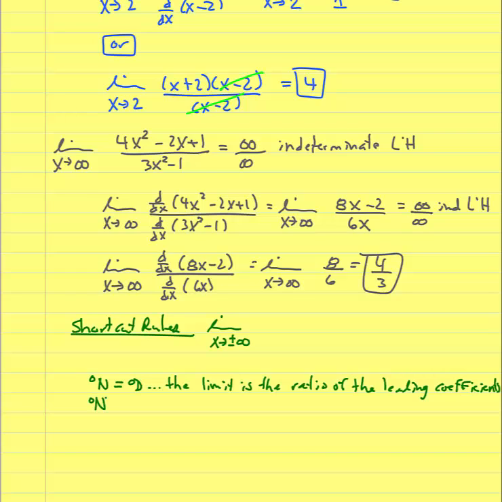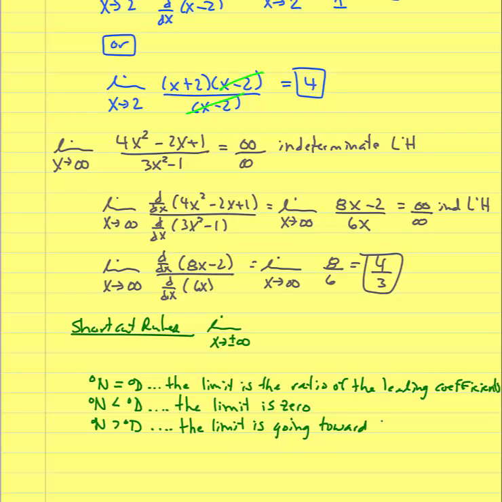What if the degree in the numerator is less than the degree in the denominator? If the degree in the numerator was less than the degree in the denominator, the limit is 0. And we went through and did quite a few of these problems and established these earlier on. And what if the degree in the numerator is greater than the degree in the denominator? The limit is going toward infinity or negative infinity, depending on the problem.